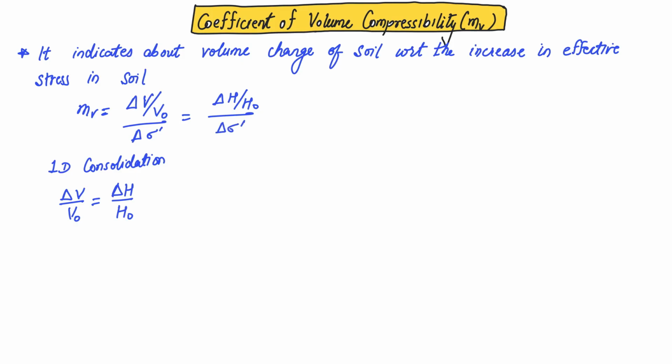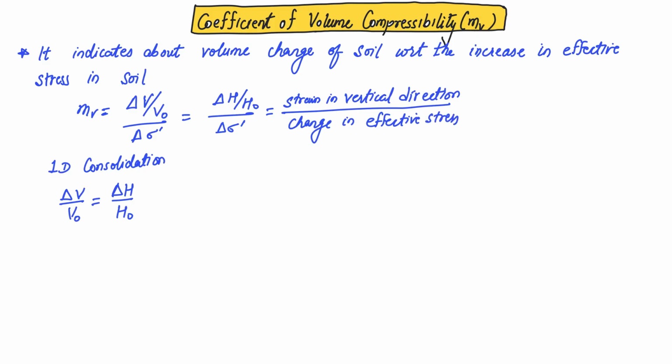The strain in the vertical direction is in the numerator, whereas the denominator is the change in effective stress. This is exactly the definition of volume compressibility.